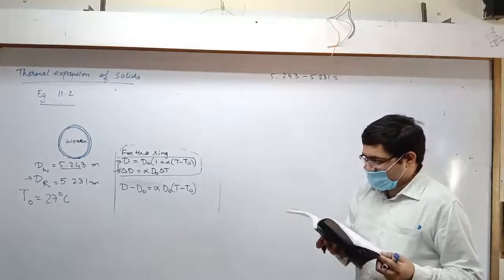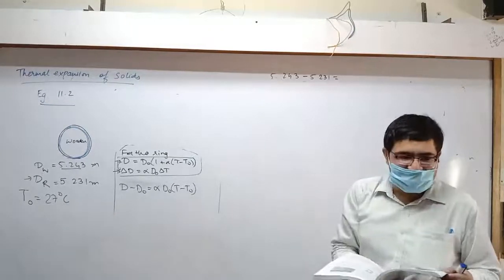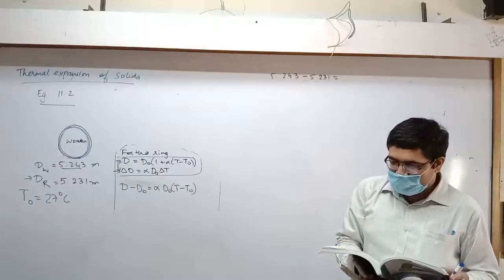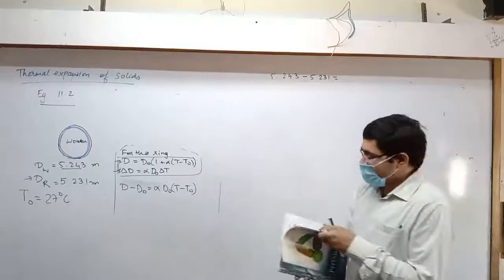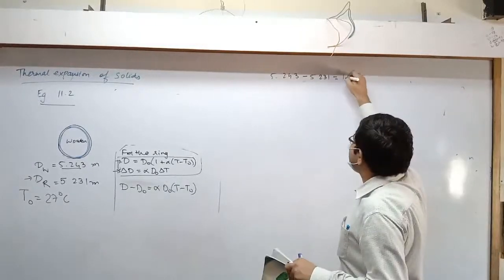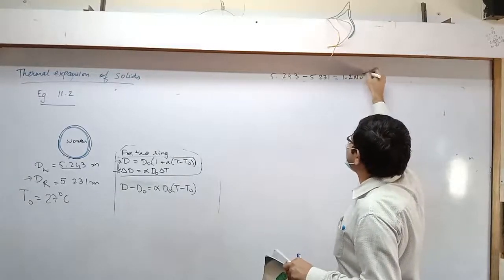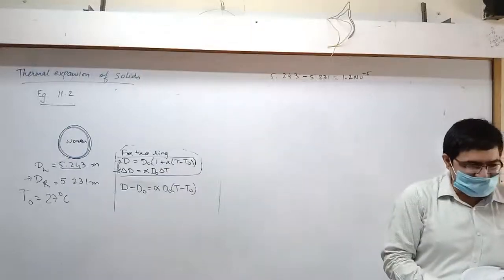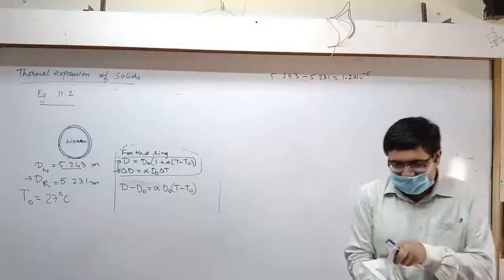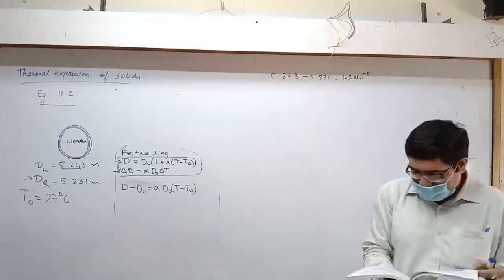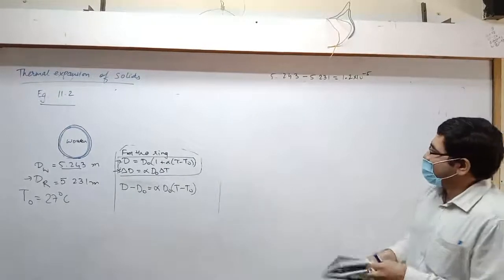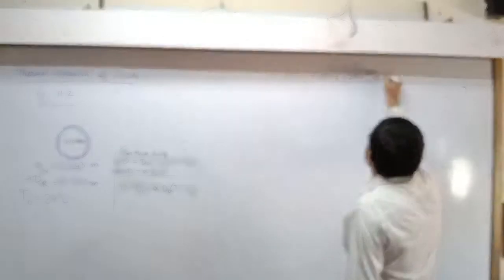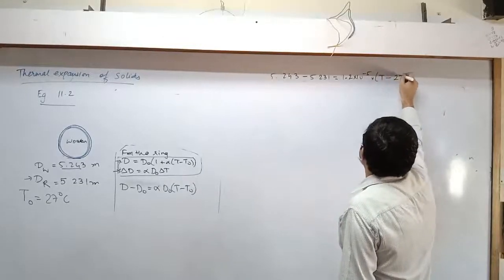For iron, the alpha is on page number 281. Do you see your table? So alpha for iron is 1.2 into 10 raised to minus 5. Right? 1.2 into 10 raised to minus 5. And now into delta T. Delta T means final temperature minus reference temperature.